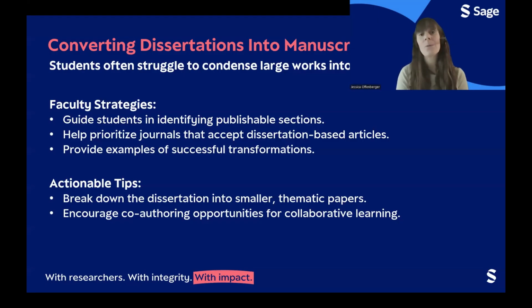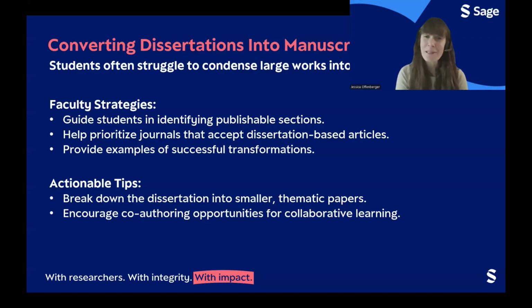And you'll also want to provide examples of successful transformations. So maybe one of your previous students went on to defend their dissertation, and they ended up publishing it into a manuscript or multiple manuscripts. One of our recommendations is to break down the dissertation into smaller and more thematic papers to potentially get multiple papers out of that.